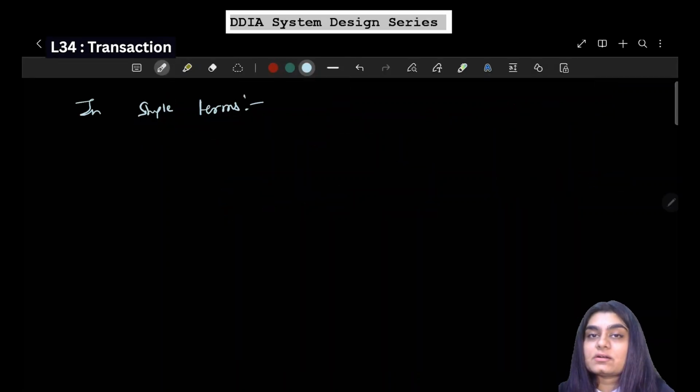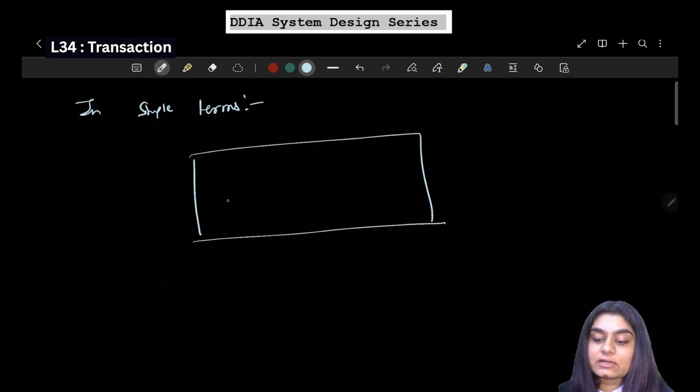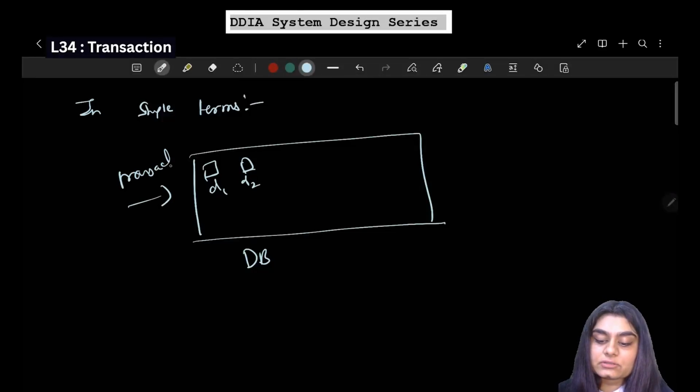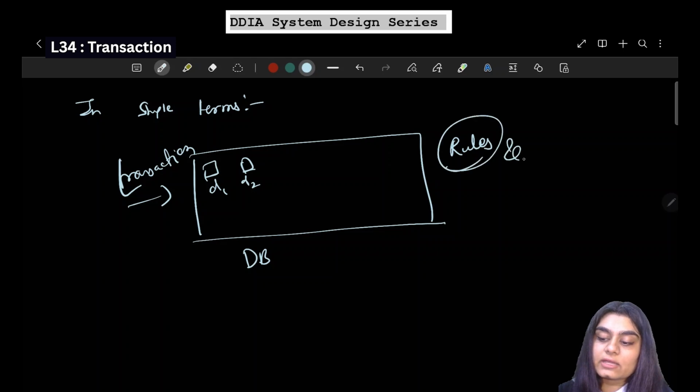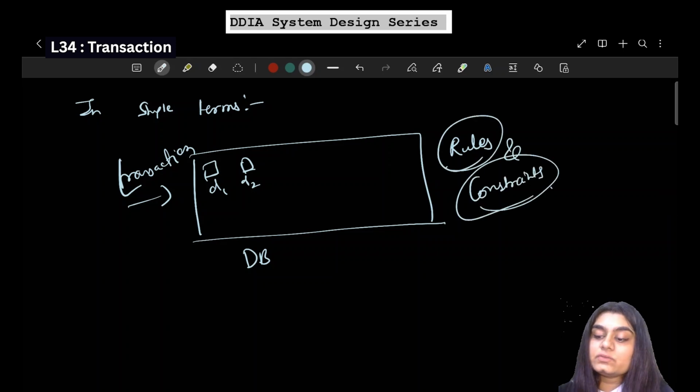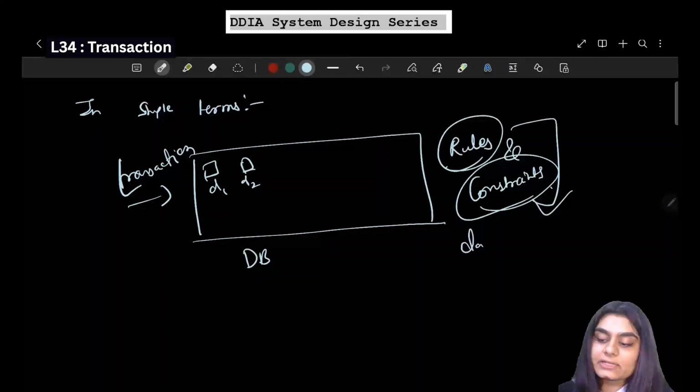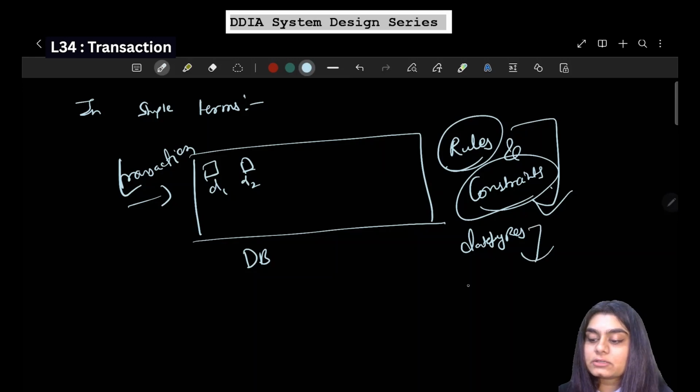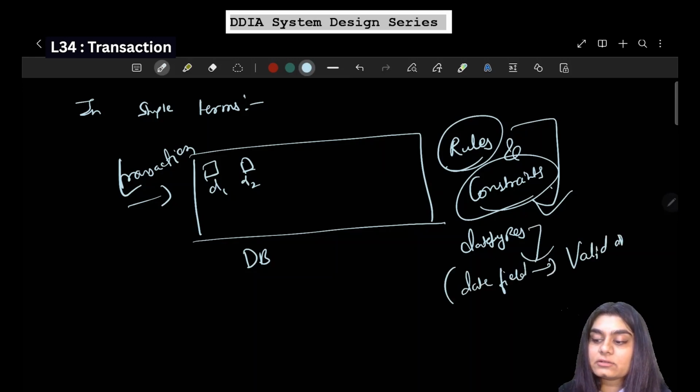In simple terms, consistency guarantees that any data written to the database as a part of a transaction must comply with the rules and constraints. These rules could include data types. For example, the date field must have a valid date.